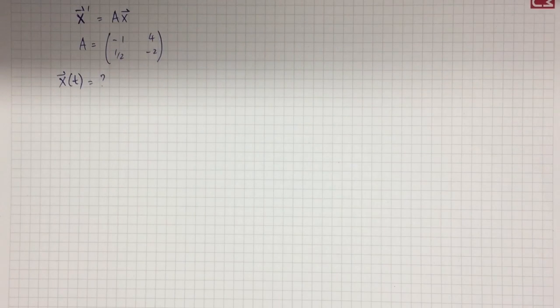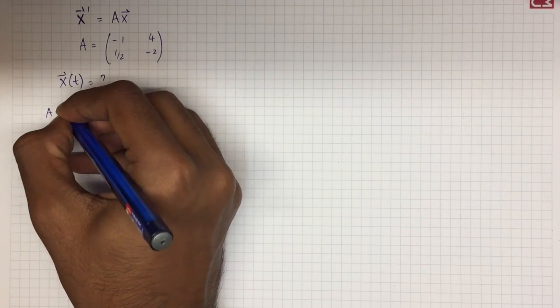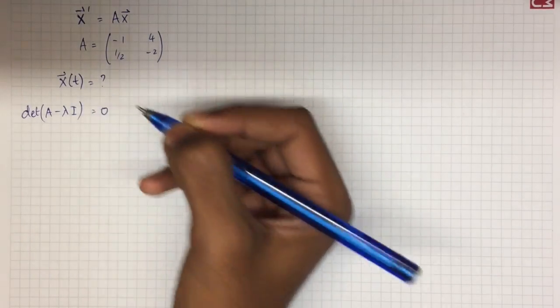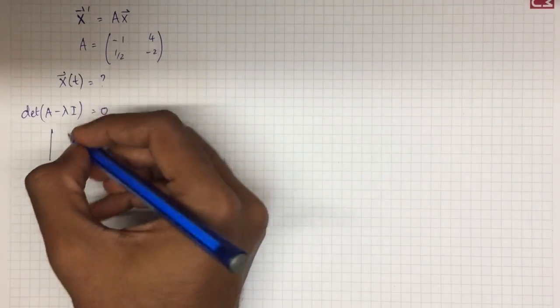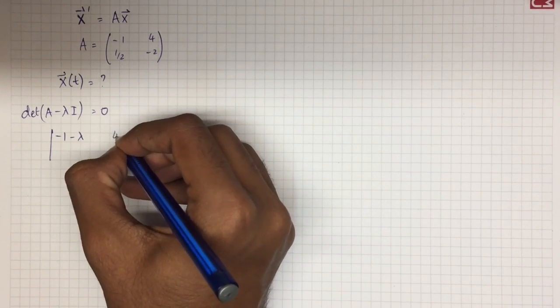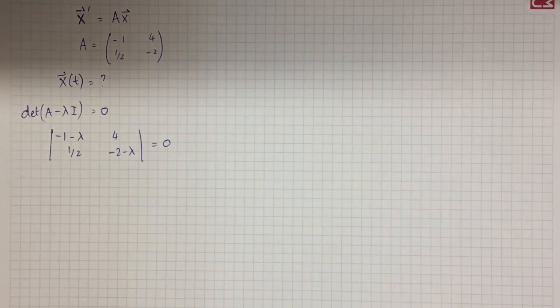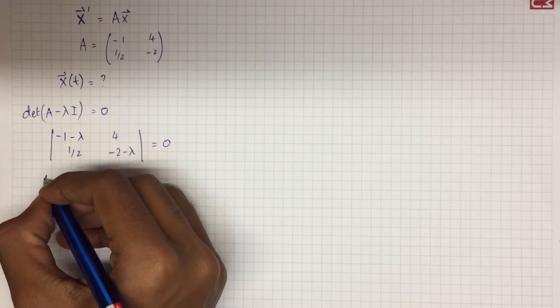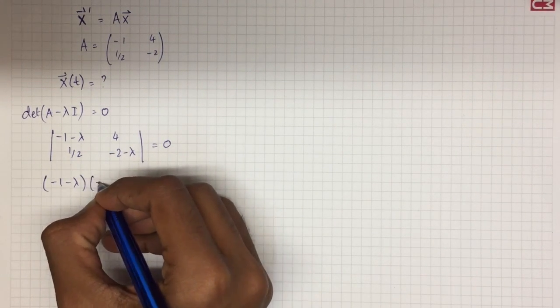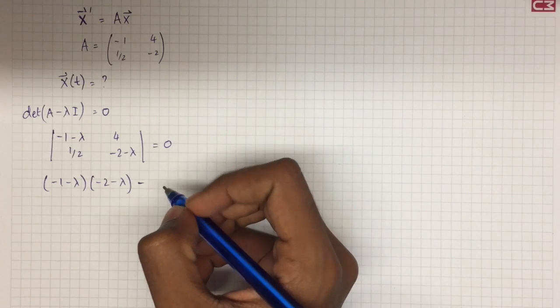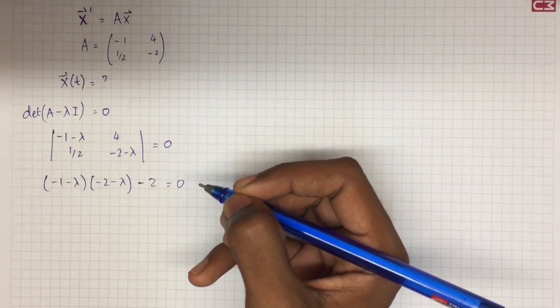So we're going to solve this. As you remember, the first step is getting the determinant of A minus lambda I and equating it to 0. So A minus lambda I is [-1 minus lambda, 4; 1/2, -2 minus lambda], and its determinant is equal to 0. Expanding, I get (-1 minus lambda)(-2 minus lambda) minus 4 times 1/2, which gives 2, equal to 0.